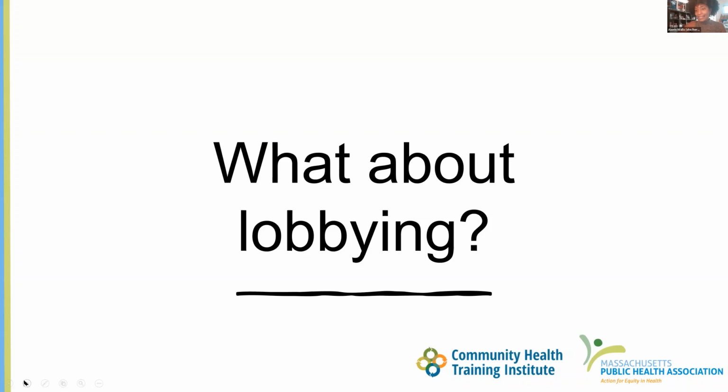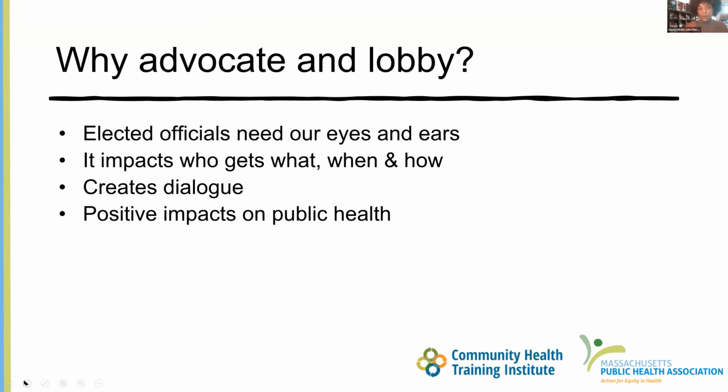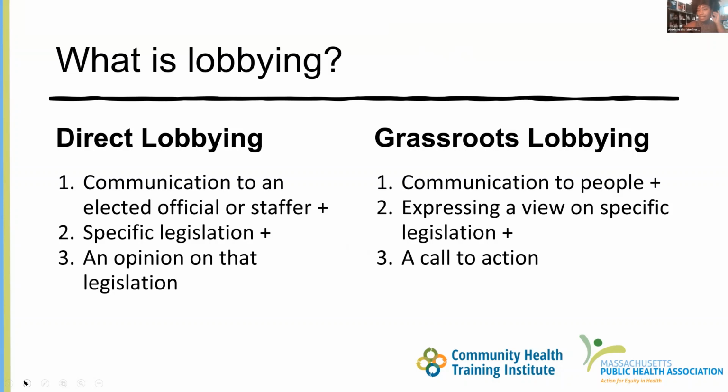Alrighty. And lastly, I just want to make a few notes about lobbying. So I'm going to skip over a couple of these things. The difference between advocacy and lobbying is essentially that lobbying is very specific to asking a legislator to take action on a particular piece of legislation.